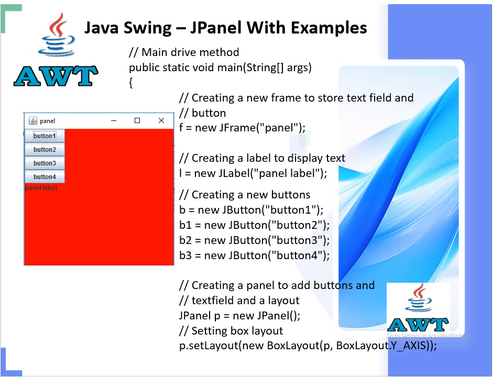B, B1, B2, B3 are the variables to create new buttons. Here we have to declare an object P of the type JPanel. The p.setLayout method helps to arrange the buttons along the x-axis or y-axis.